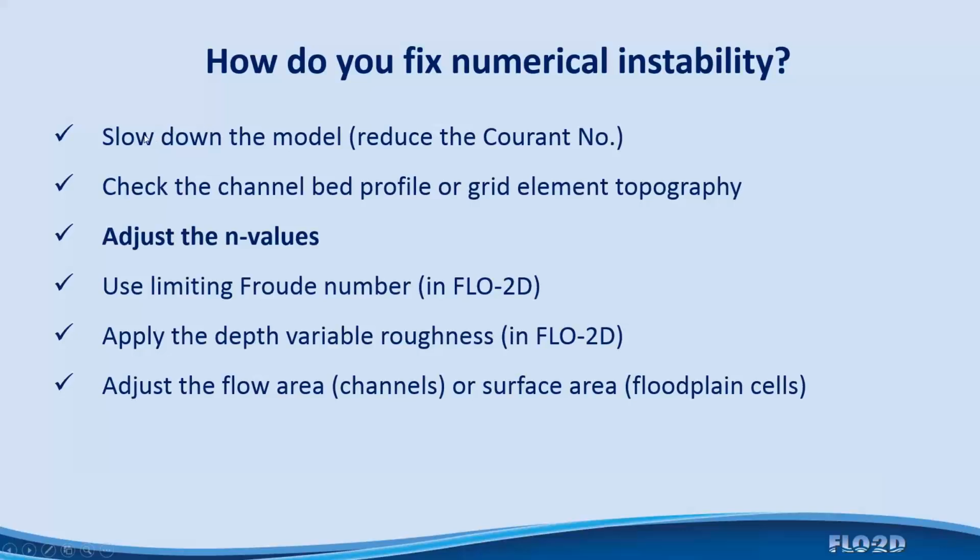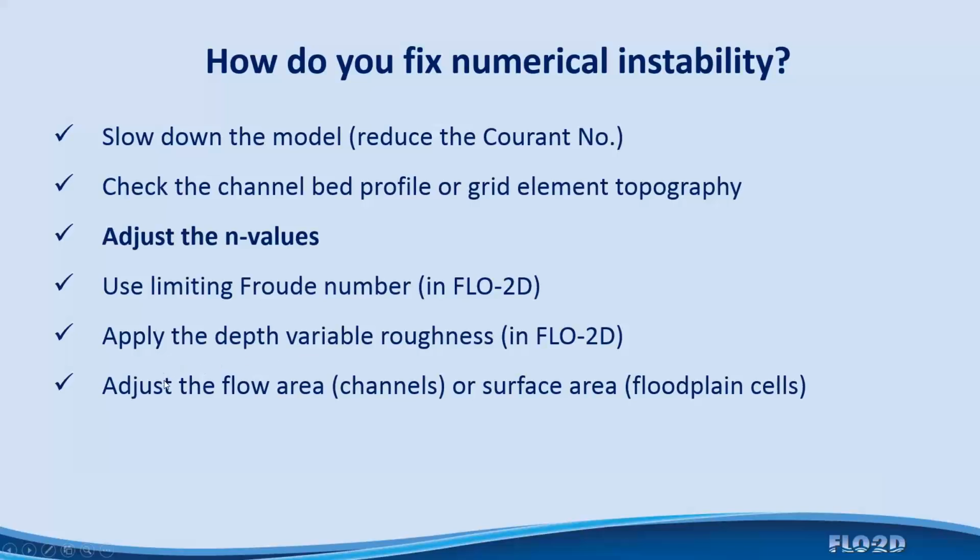Some of the fixes might be slowing down the model, checking the bed profile or the grid element topography, adjusting the n-values. And you can use the limiting Froude number in FLO-2D to help you to adjust the n-values. Also in FLO-2D, you can apply a depth variable roughness, which may eliminate some of the instability in the channel.